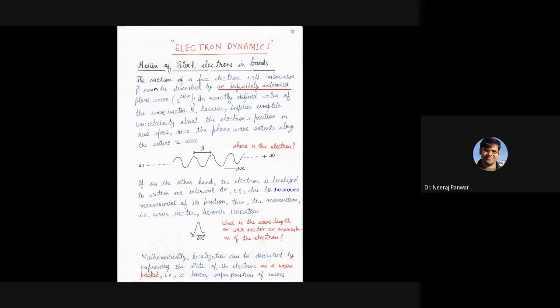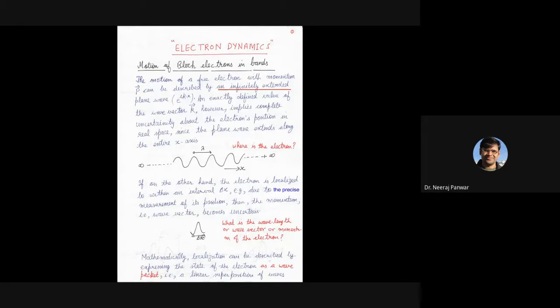On the opposite side, what if we confine or localize the electron within an interval delta x, so that our electron is somewhere in this spatial distance delta x. Now in this case we know the exact position of the electron: it is localized within this distance delta x.